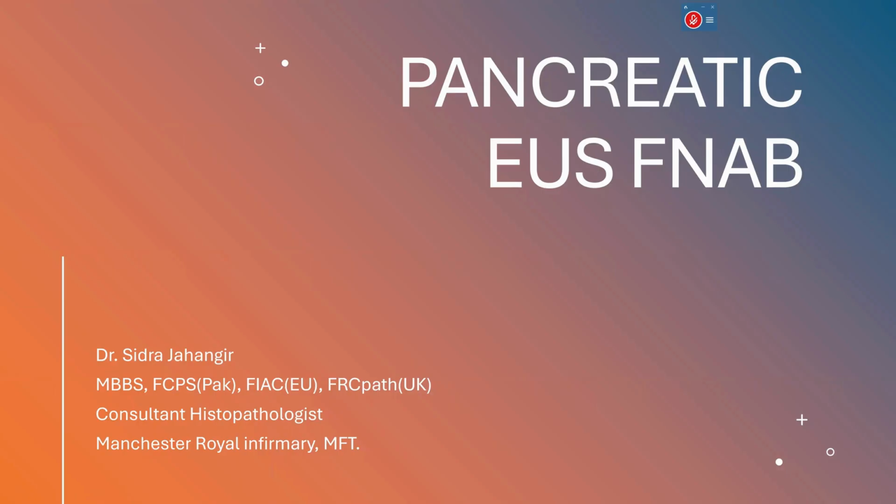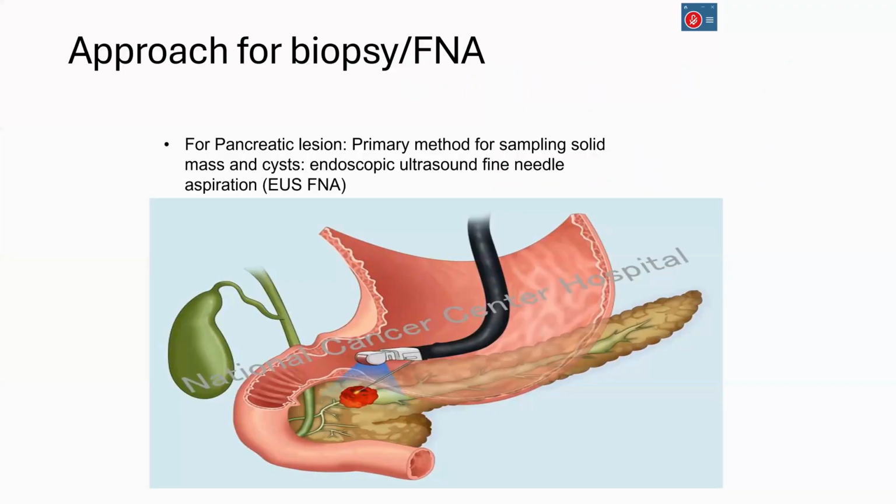Okay, so the topic is pancreatic EUS FNB. This is a very crucial and important diagnostic modality by which we diagnose pancreatic pathology. Before we crack on with some of the cases, just a brief overview of how the procedure is done.